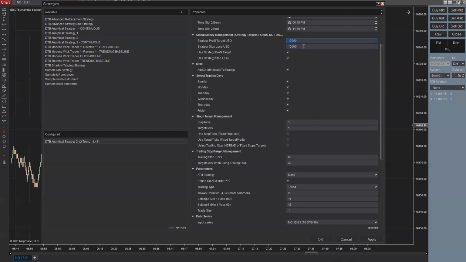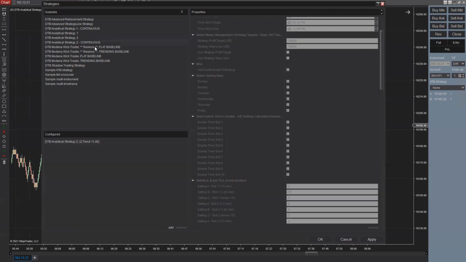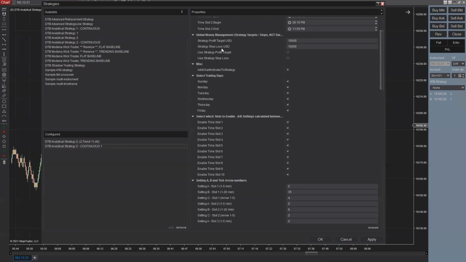So whether it's, you know, $500 or whatever, you can actually put that in there, and then your daily stop, whatever that is, it will still exit at that value once that's been hit. So the same will apply to the Analytical Strategy 2 Continuous, which has also got that same thing for the strategy values.